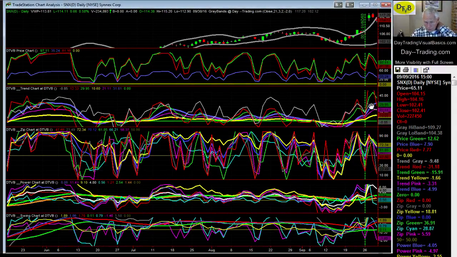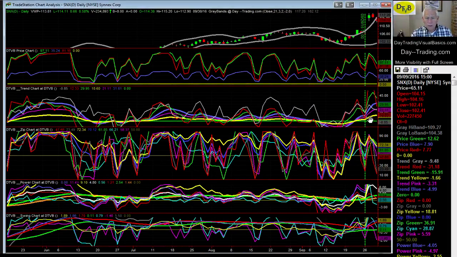On the trend chart, you have gray and green above the trend trio, the blue, pink, yellow, and just like down here in the power chart, you have pink, blue, white, yellow, and red all above the green power line. But the green power and orange are going up, as is the trend trio here.